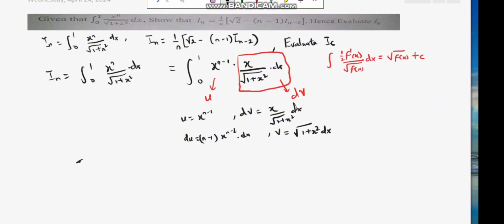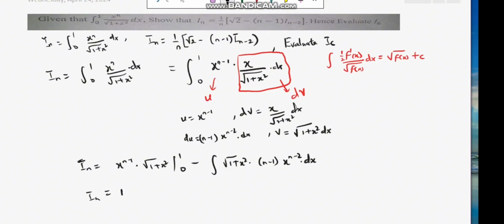So now my I_n using integration by parts becomes u, which is x^(n minus 1), times v, root of 1 plus x squared, with the bounds 0 to 1, minus the integral of v, root of 1 plus x squared, times du, (n minus 1) x^(n minus 2) dx. Evaluating the bounds here, you have 1 times root 2 minus 0.